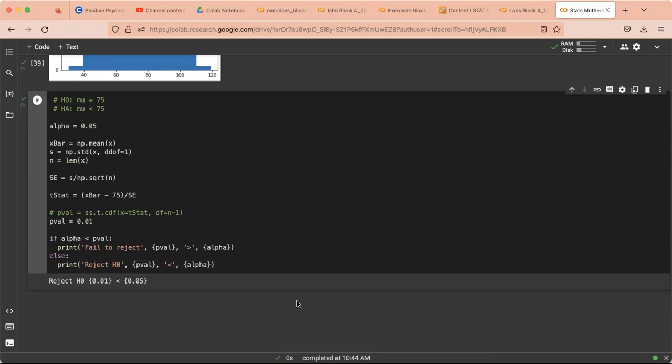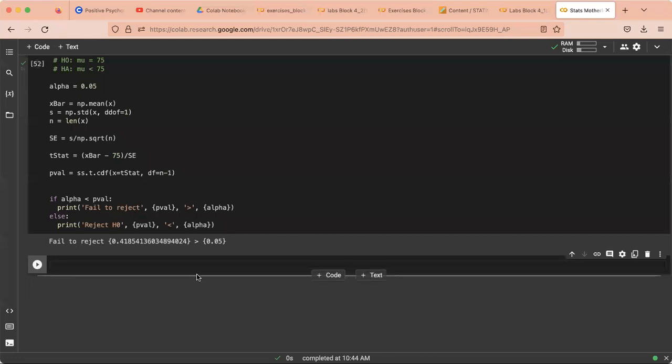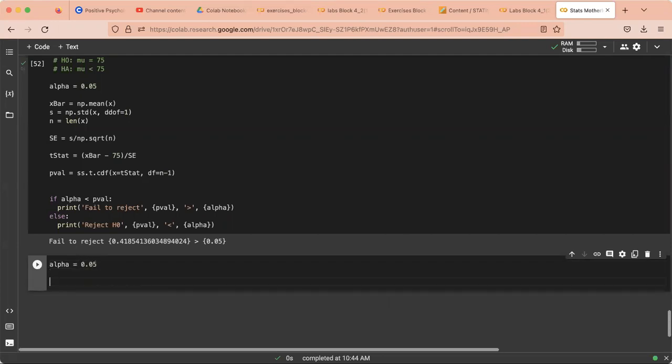Next up, we're going to see how to do this with SMW in order to make our lives a lot easier. As with the confidence intervals, SMW makes everything a lot cleaner. You have to define your alpha first.